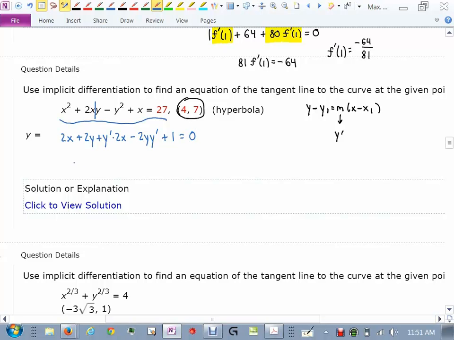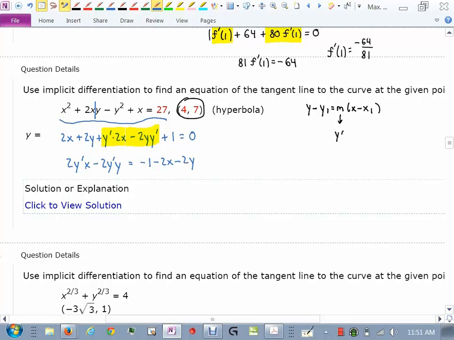I have my y prime terms, 2y prime x minus 2y prime y. Those are the two terms here. And then I'll move the other three terms to the other side. So negative 1 minus 2x minus 2y.